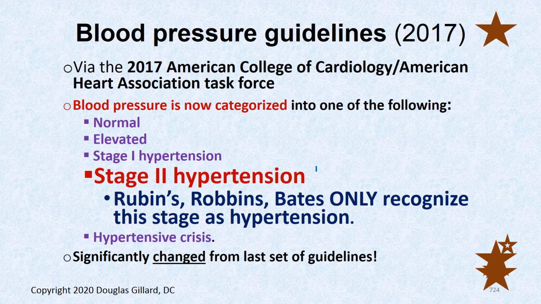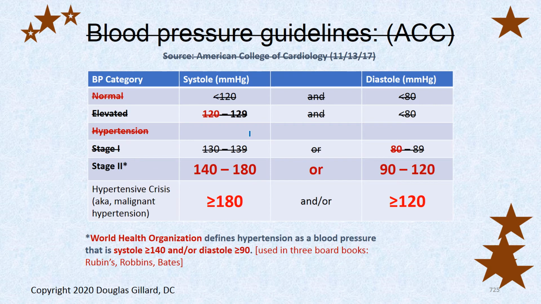So Robbins, pathology book, Bates, other books, they only recognize stage 2 hypertension as, quote, hypertension. You don't have hypertension until you hit stage 2. So far, 2020 here, they haven't changed anything. So for boards, I wouldn't worry about memorizing all this stuff.